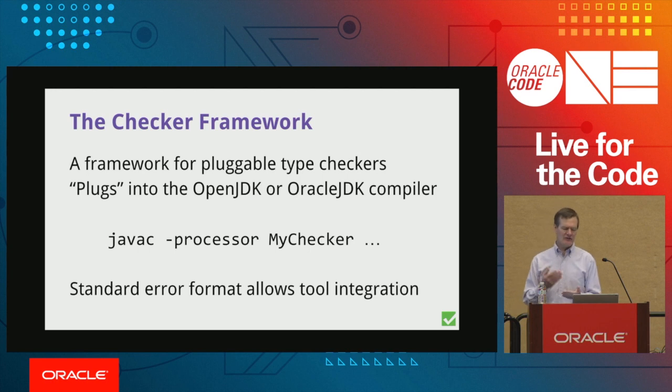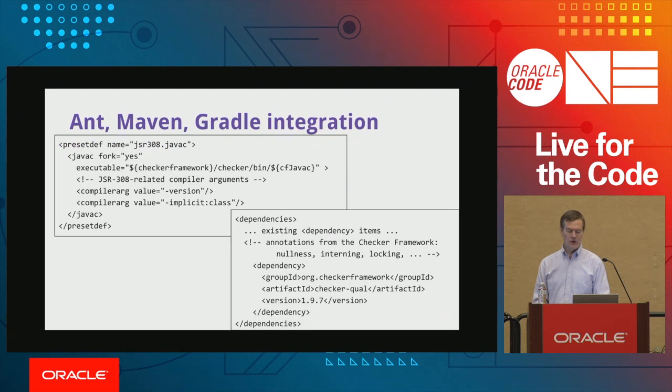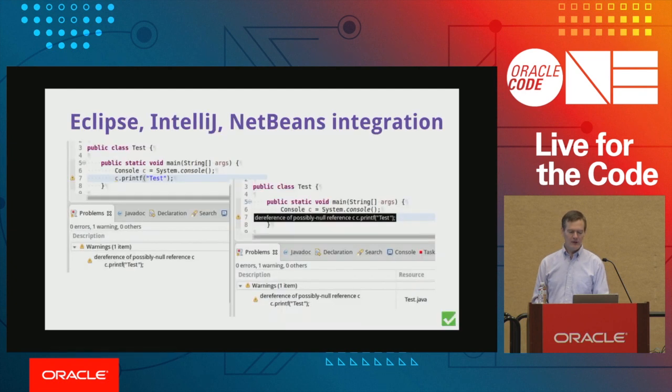And then javac issues error messages in its exact standard format, the same way any error message is produced. So that means it integrates well with other tools. We have instructions in the manual about how to integrate with Ant and Maven and Gradle, and also how to integrate this into Eclipse and IntelliJ and NetBeans.